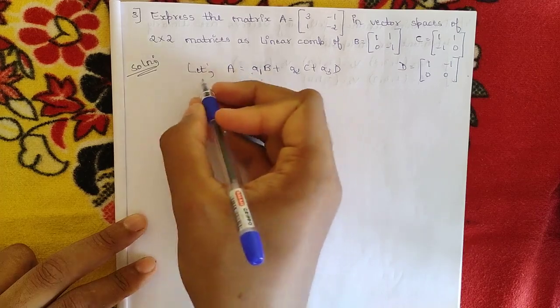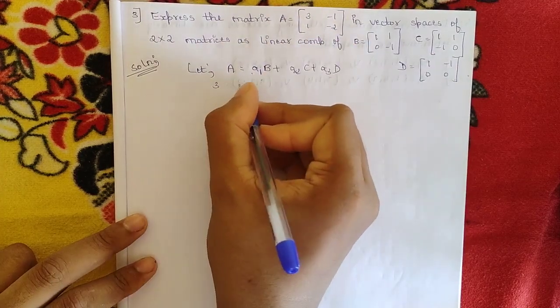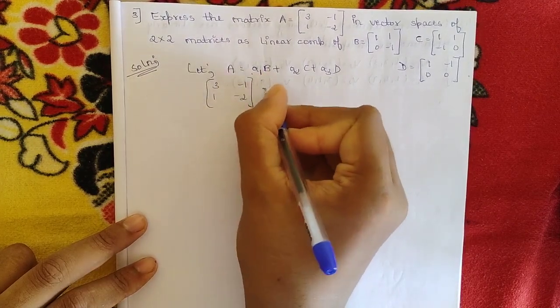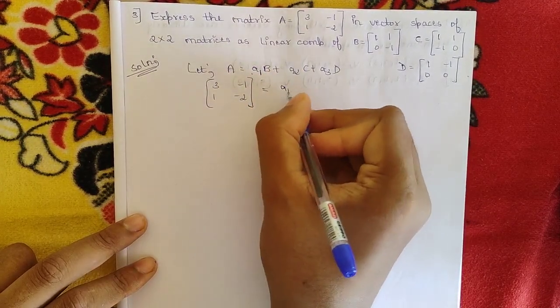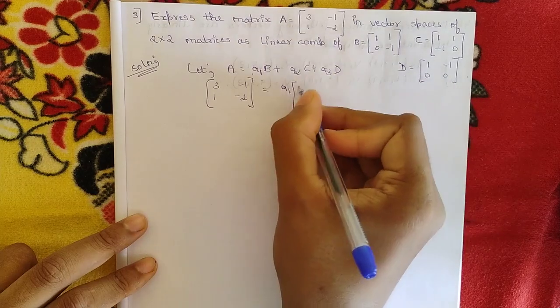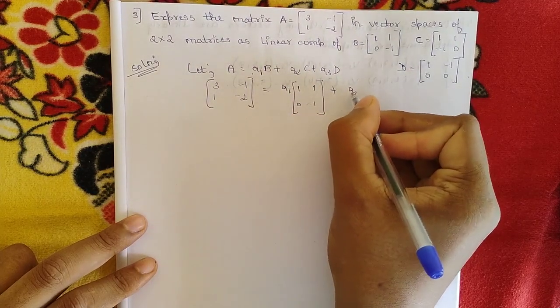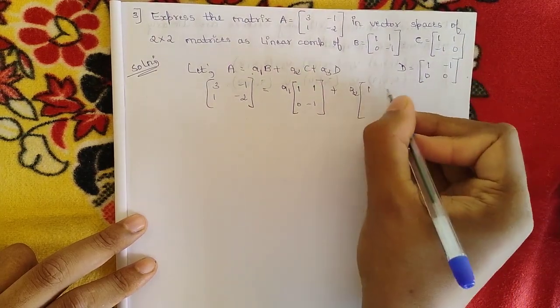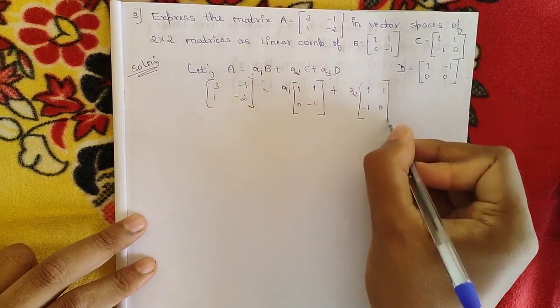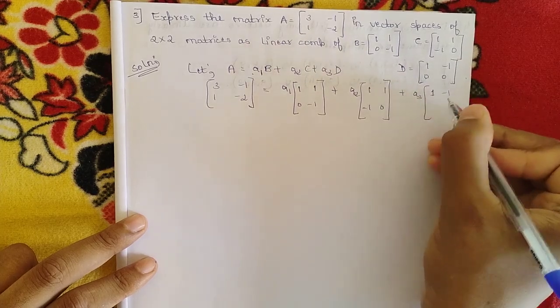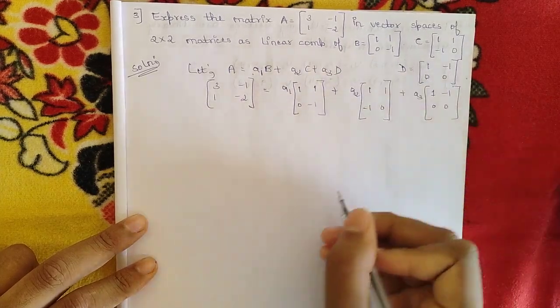Okay, now the A matrix is 3, minus 1, 1, minus 2. That is equal to A1 times B, that is 1, 1, 0, minus 1, plus A2 times C, that is 1, 1, minus 1, 0, plus A3 times D, that is 1, minus 1, 0, 0, right?